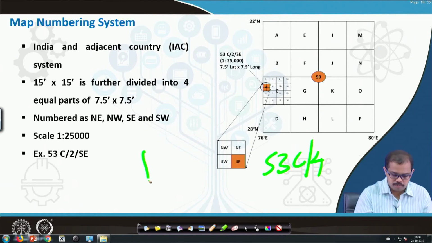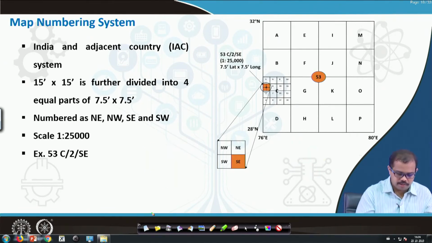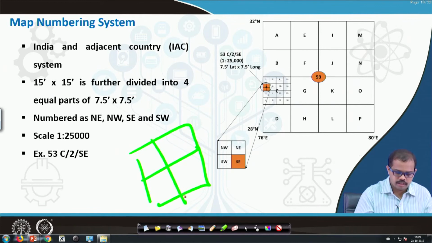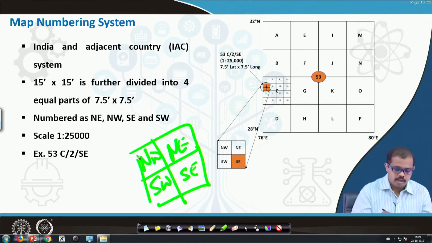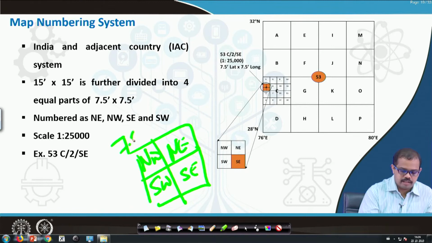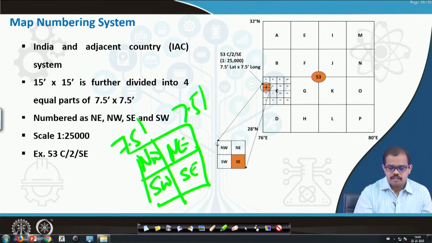Now this fourth box, if I then divide it into 4 boxes, northeast, northwest, southeast, southwest, and represent it like this, each is divided as 7.5 minutes by 7.5 minutes. Okay. This particular referencing is nothing but 1:25,000 units.